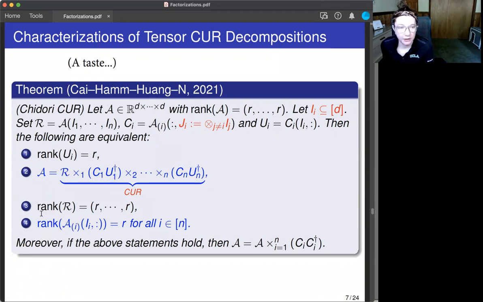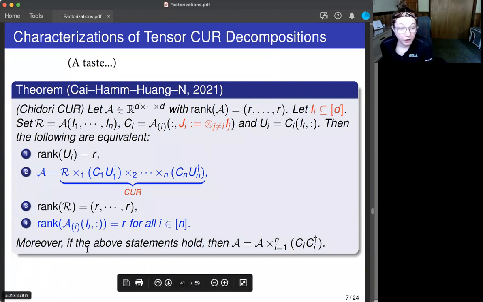You also get that the rank of the row tensor R is the same as A. And you also have some rank statements for unfoldings of A. Again, if you haven't seen tensors, that's fine. We're just unfolding the tensor in a certain way to get a matrix and then asking what the rank of that unfolding is. If all of these hold, then you can also write A in this way.